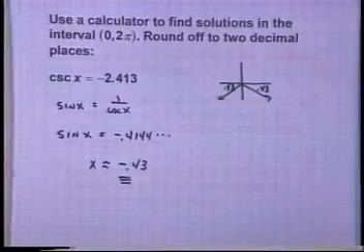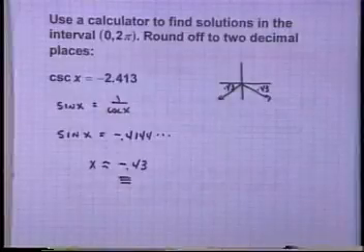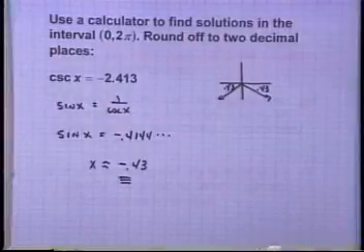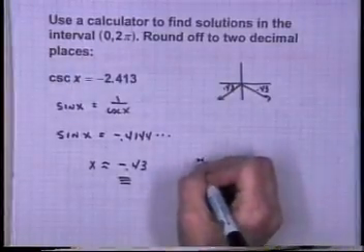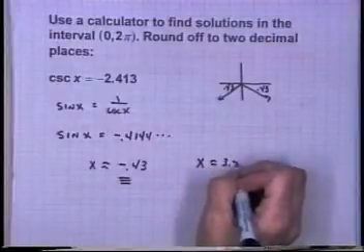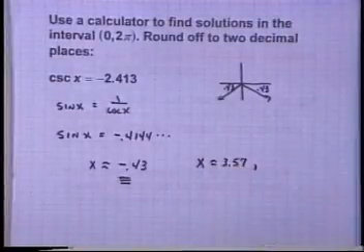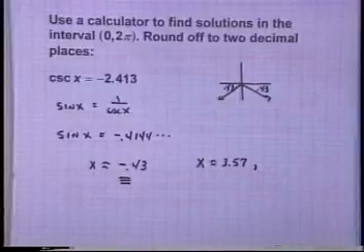So what we need to do is to take pi and add 0.43 to get our third quadrant answer. That's about 3.57. And then we need to take 2 times pi and subtract that 0.43 to get our other solution.